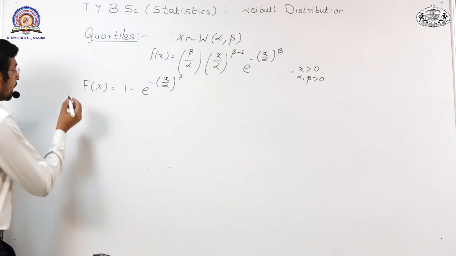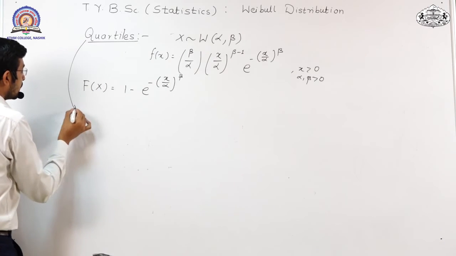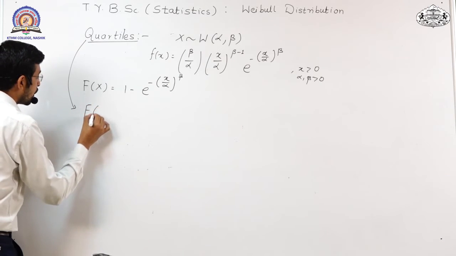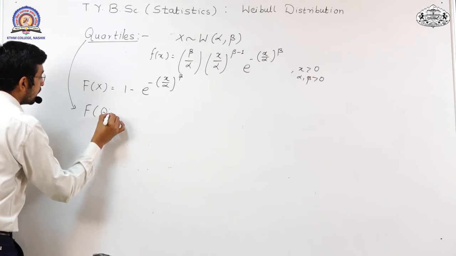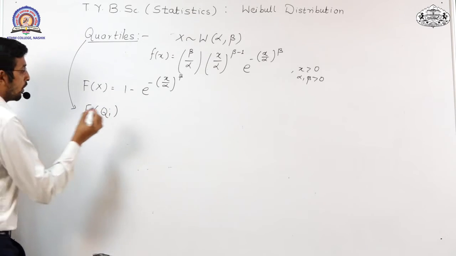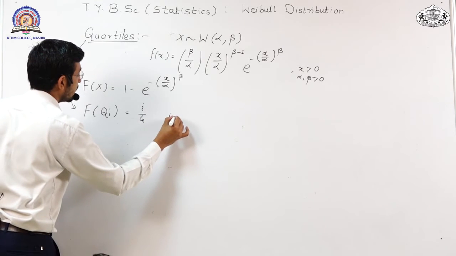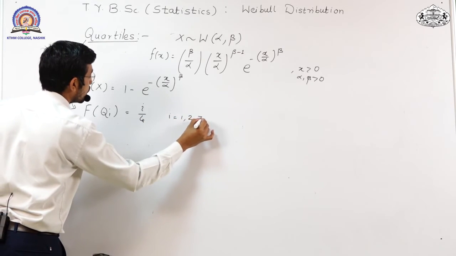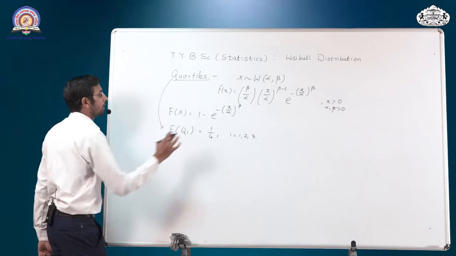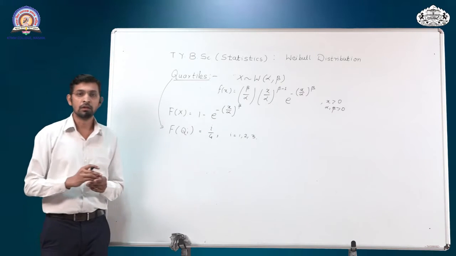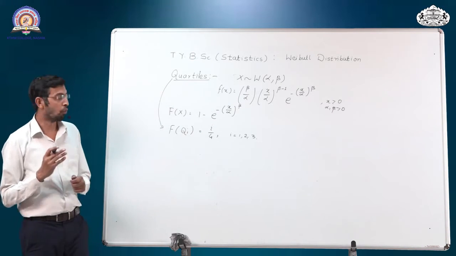So for finding the quartiles, we know that F of qi, that is the distribution function at the ith quartile, is equal to i upon 4, where i is equal to 1, 2, 3. We know that quartiles mean the data has been divided into 4 equal parts.